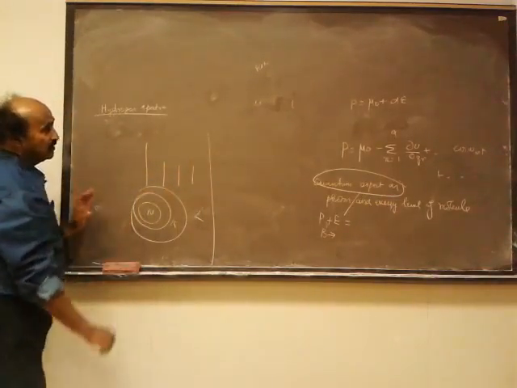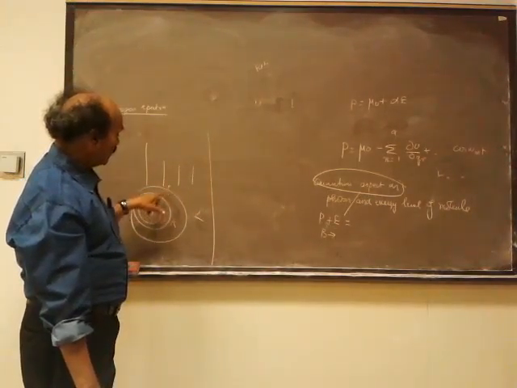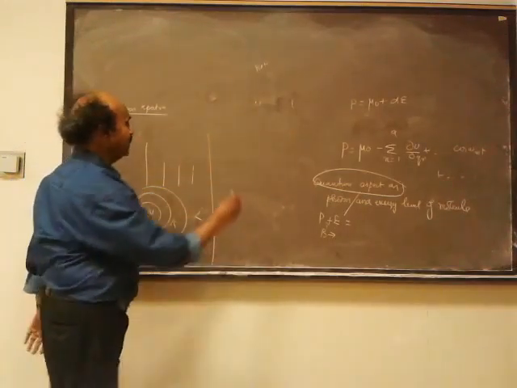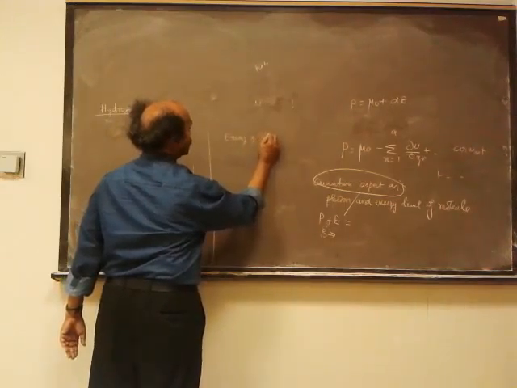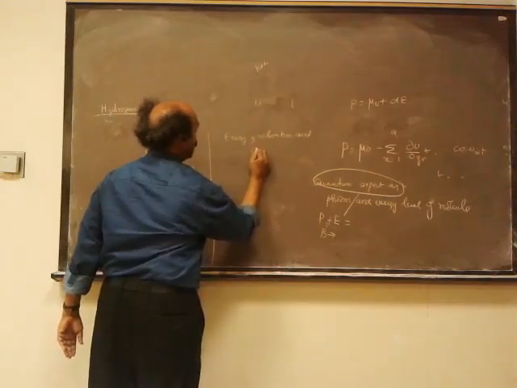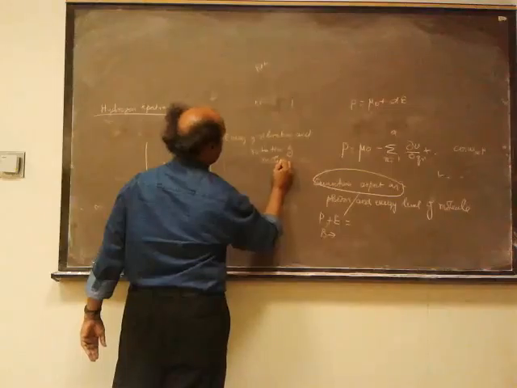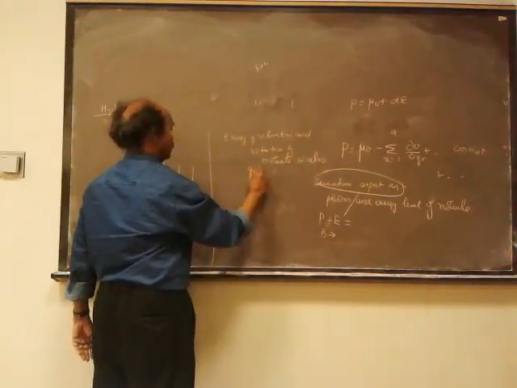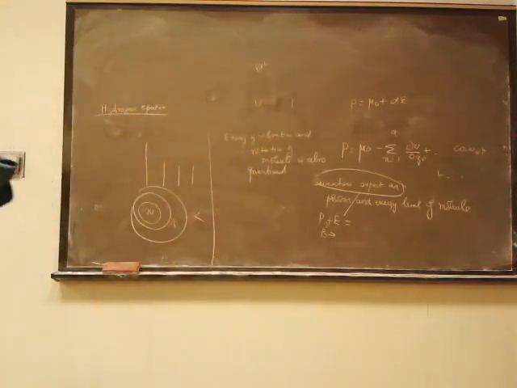Now look at this one. This is the atomic picture. For the first time, Raman said, this is the atomic energy level or electronic energy level. Now, Raman said the energy level of vibration and rotation of the molecule is also quantized.